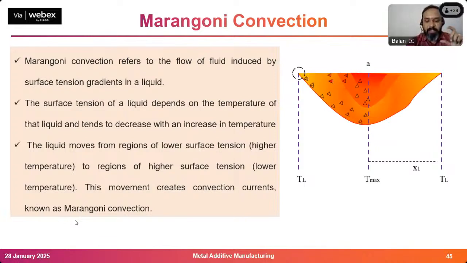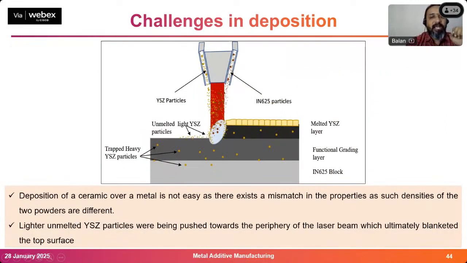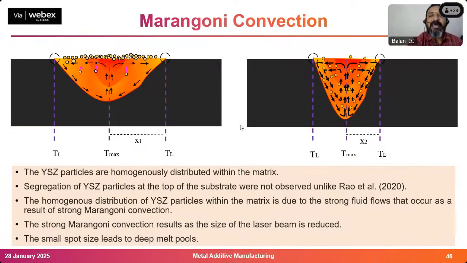So what we did here: the issue with this printing technology is that the YSZ particle is on the top. Because of its lower density, the particle comes up and prevents the next layer from coming. So we reduced the size of the melt pool, by reducing the spot size.